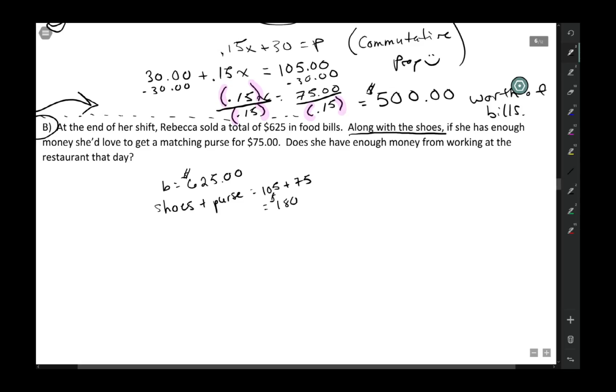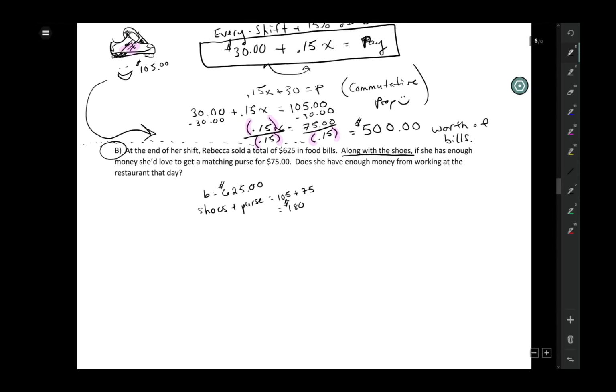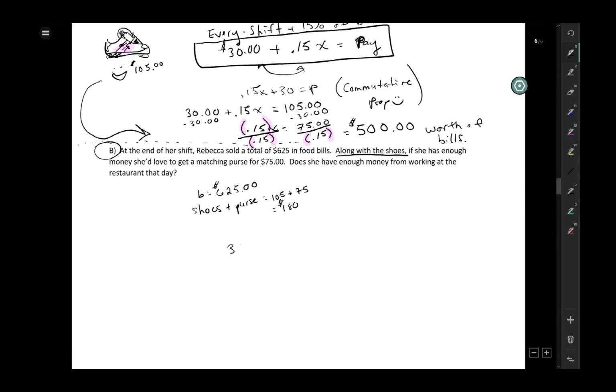Okay, well, 30. That's how much she makes just from walking in that day. Plus 0.15 times what she made off of the bills. We want to know, is it enough for 180?